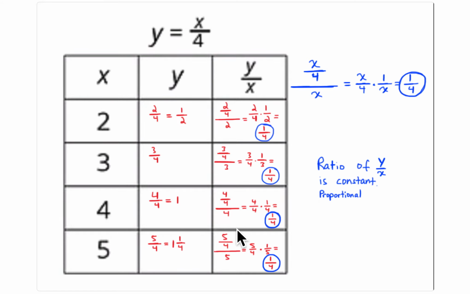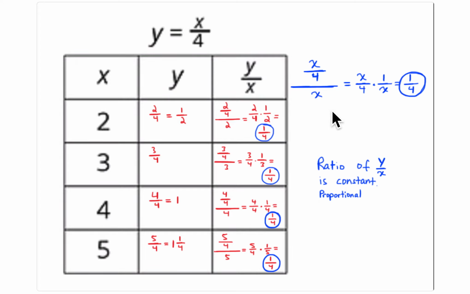So the x value becomes the denominator in what you're multiplying by. So you're multiplying by the reciprocal of x. So that always cancels with the numerator of y. Does that make sense to you?